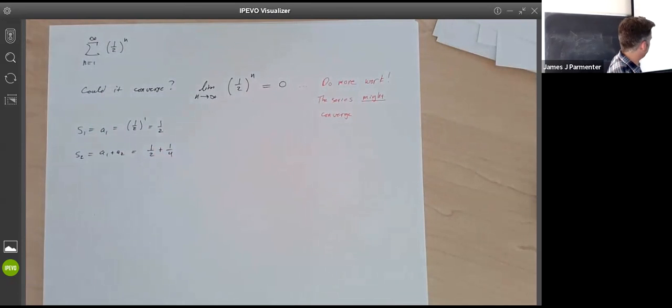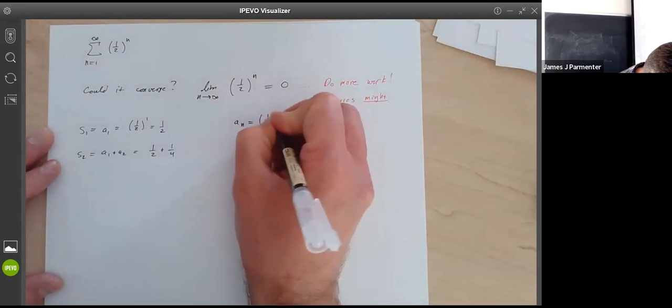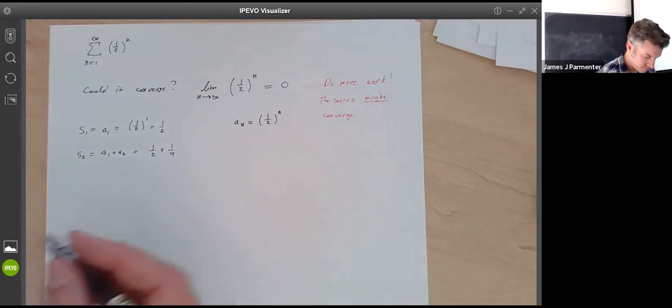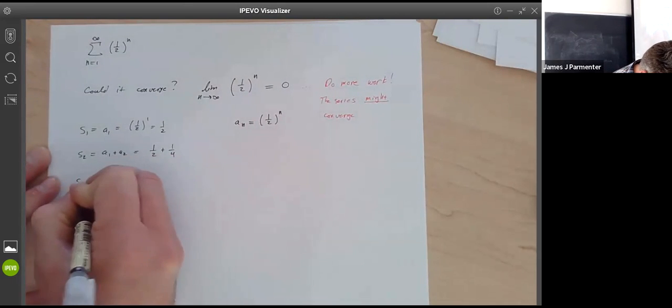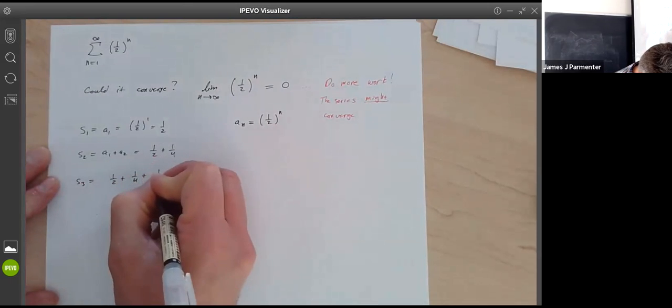I've made an assumption here that we often just make, that my sequence a sub n is 1/2 to the n, right? We often just say, if you've got a series, the sequence is called a sub n. The third partial sum is 1/2 plus 1/4 plus 1/8.